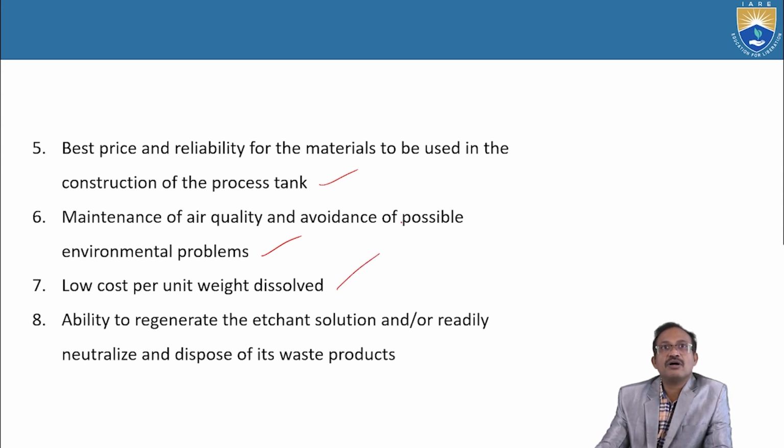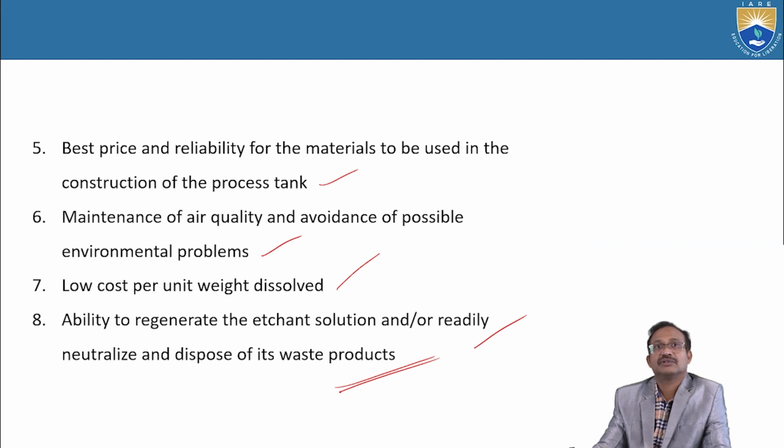Seventh one, low cost per unit weight dissolved. Eighth one, ability to regenerate the etchant solution and readily neutralize and dispose of its waste products. Suppose it is not disposed of properly, it will harm the environment.